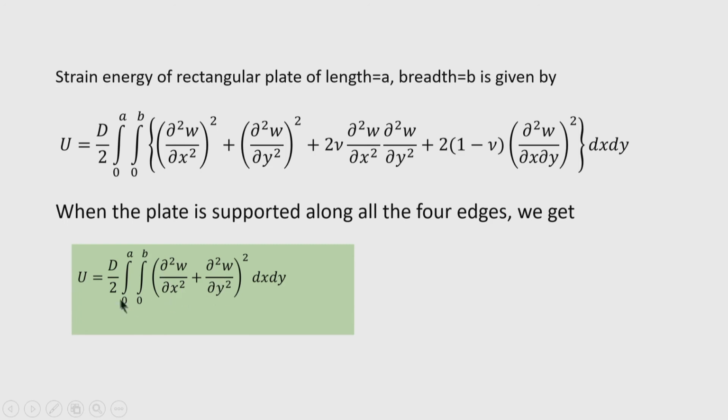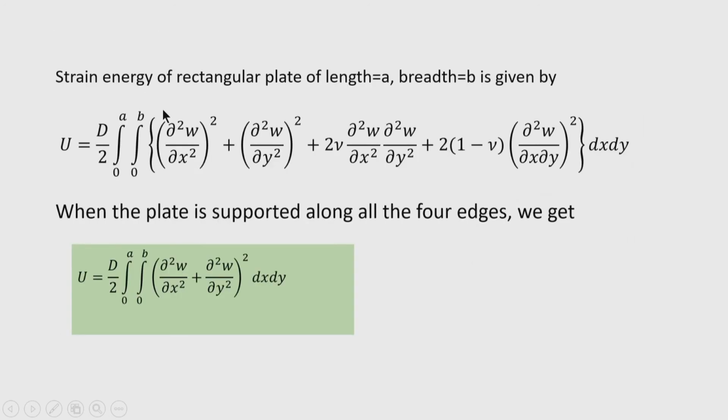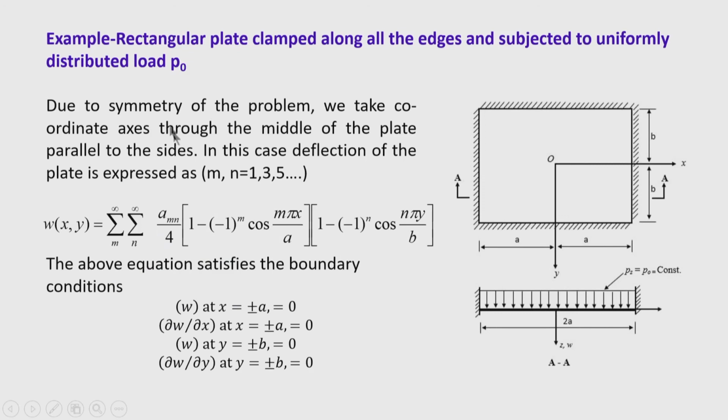Okay. Using this expression, we now calculate the strain energy of the plate taking only one term of the series. Now, go back to the deflection expression that we have assumed. If we take m equal to 1 and n equal to 1, then this term becomes 1 plus cos pi x by a, and the second term becomes 1 plus cos pi y by b, and it will become 1 by 4.